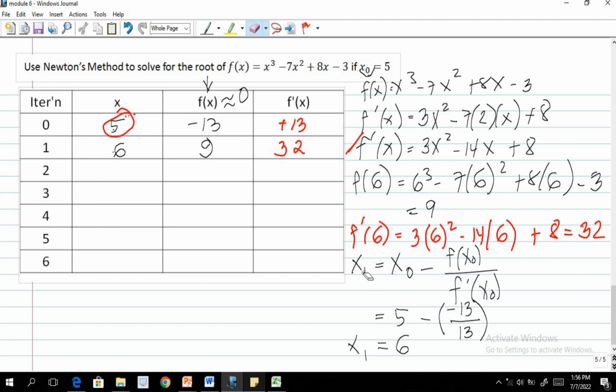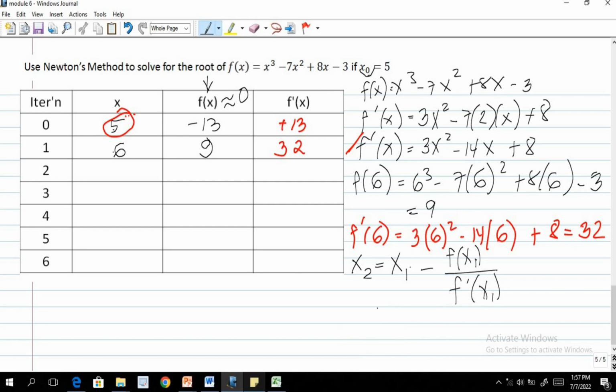So, for my second iteration, this time, ang magiging equation ko na is yung x sa my second iteration. Ang gagamitin ko ngayon, x sub 1, f of x sub 1, and f prime of x sub 1. Yan ngayon ang magiging equation ko to solve for the value of x doon sa my second iteration.